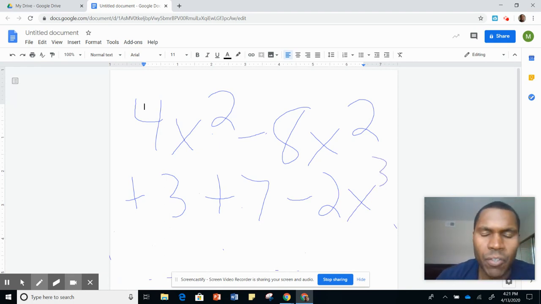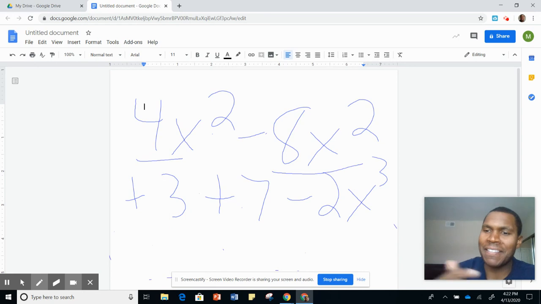Okay, so first thing we do, let's look at that x squared. And let's survey if we have any other x squareds. And you see we do have an 8x squared, but notice we are subtracting. So you're going to subtract 4 minus 8.